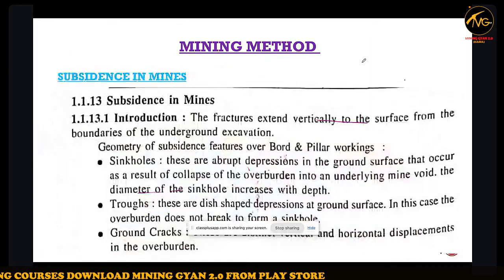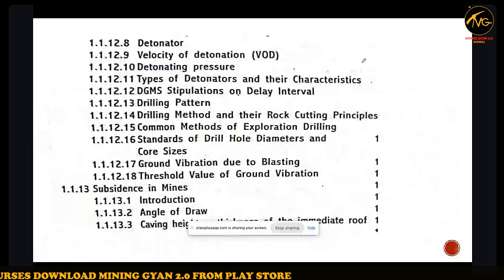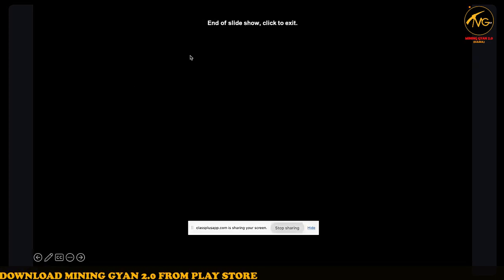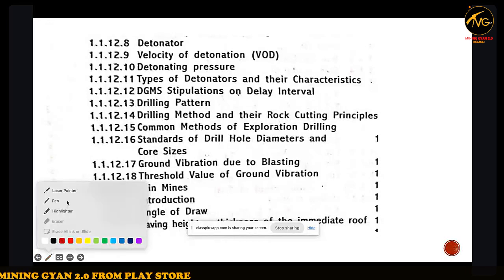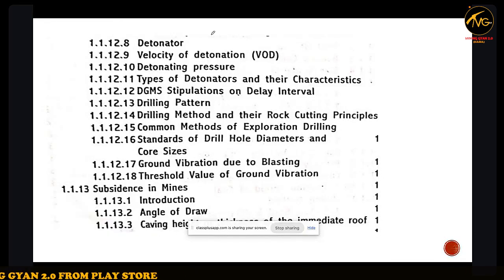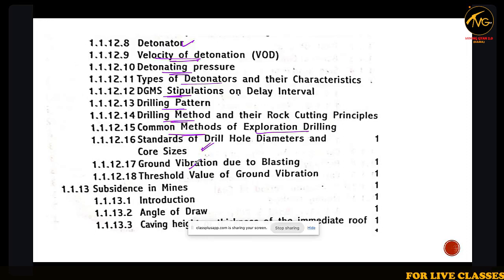So we have discussed detonator, velocity of detonation, detonating pressure, type of detonator, DGMS stipulation, drilling pattern, drilling method, common methods of exploration drilling, hole, vibration threshold, introduction, and angle of draw. I have left this one.